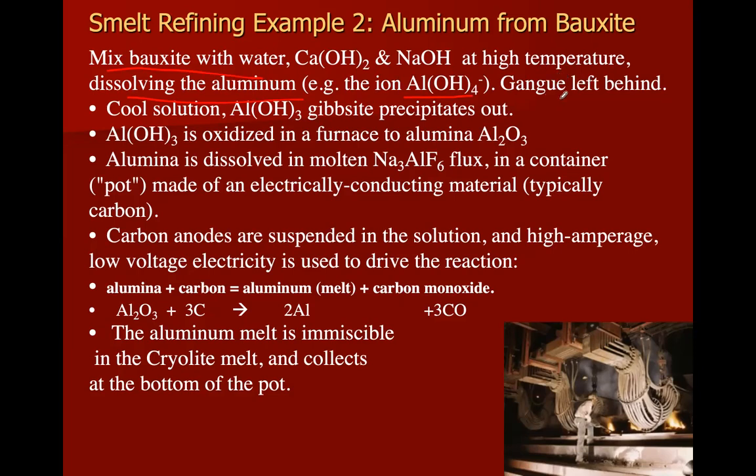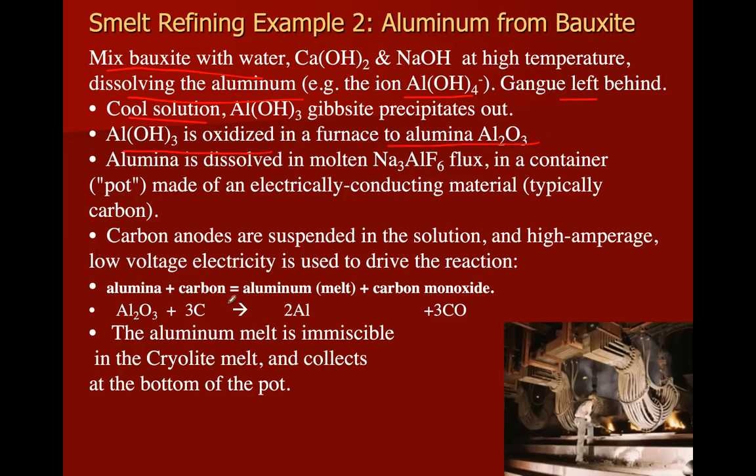Then you cool the solution so that aluminum hydroxide, or gibbsite, gets precipitated. Later, the formed aluminum hydroxide is oxidized in a furnace. You heat it under oxidizing conditions so that it converts into aluminum oxide, right?